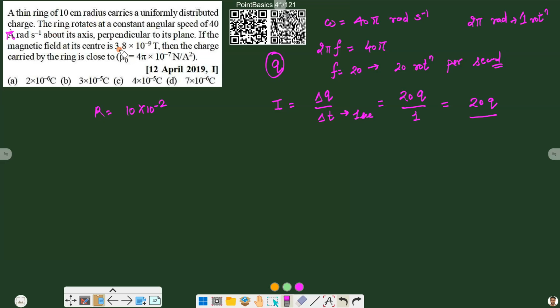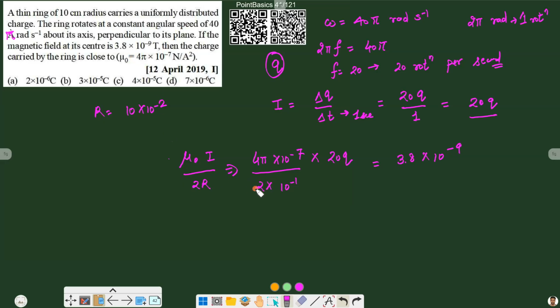Now it is given that the magnetic field at the center is 3.8 into 10 raised to power minus 9. For a ring, the magnetic field is mu naught I by twice its radius. So it will be 4 pi into 10 raised to power minus 7 divided by twice the radius, that is 10 raised to power minus 1, into current, that is 20 Q, equal to 3.8 into 10 raised to power minus 9.